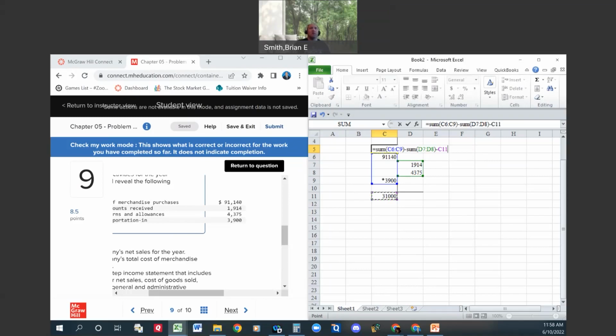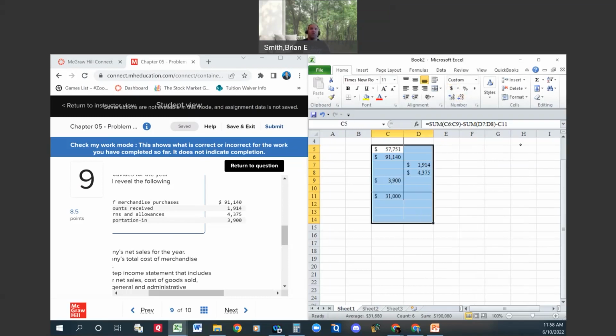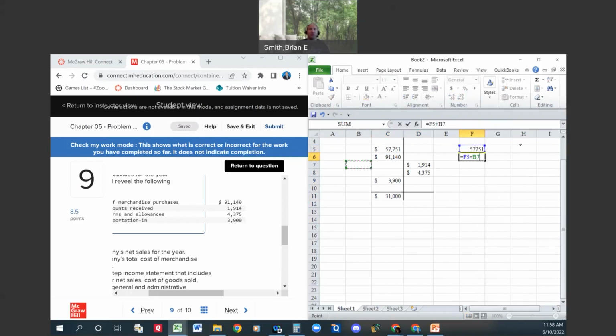So our beginning balance was this number. Let's do this in dollar signs. All right, so let's see if this math works. 57,751. We're going to take this plus this minus this. I don't think this works. That's how you can test and see if this is wrong. I think I had to add in C11, not subtract it. That's where I went wrong.